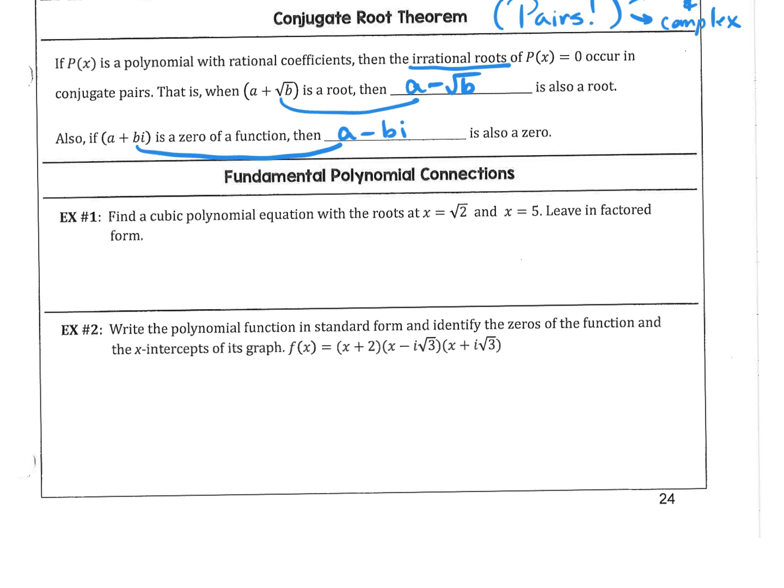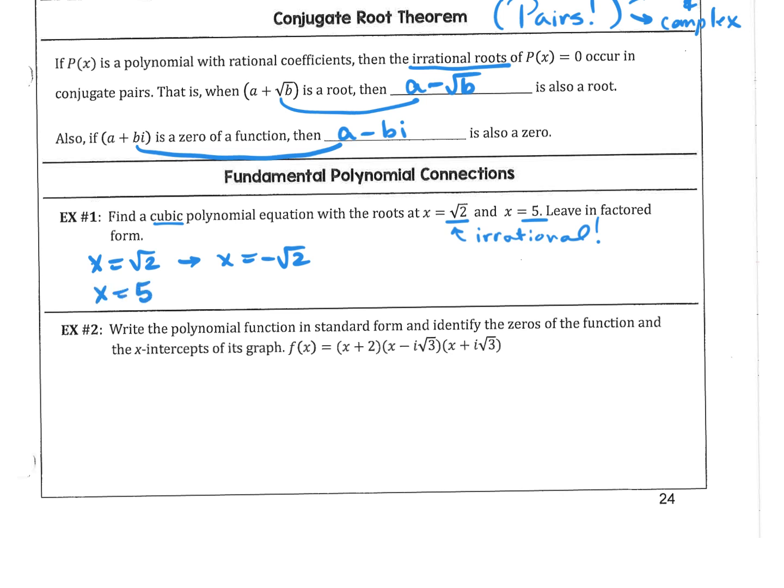So in other words, it says find a cubic polynomial. We have root 2 and 5. Well, root 2 is irrational, isn't it? So if we have x equals root 2, then we also have x equals negative root 2. And then we have x equals 5.